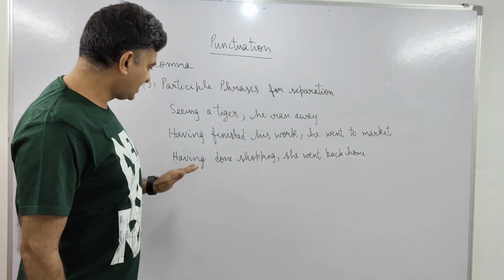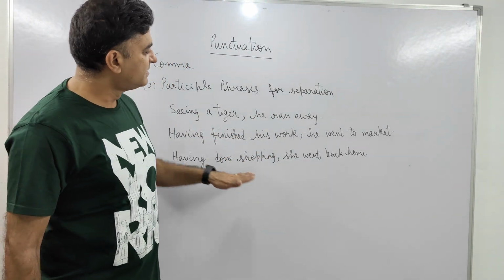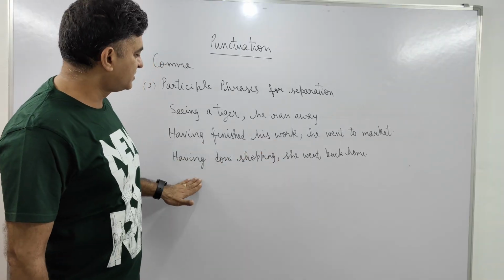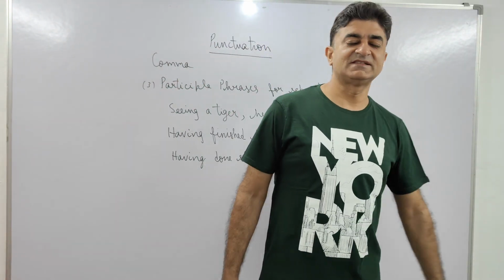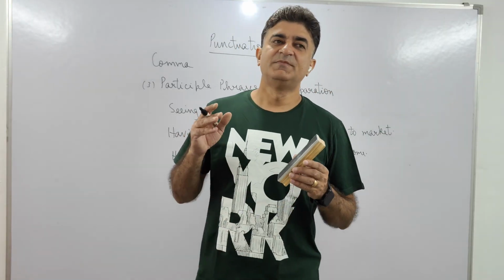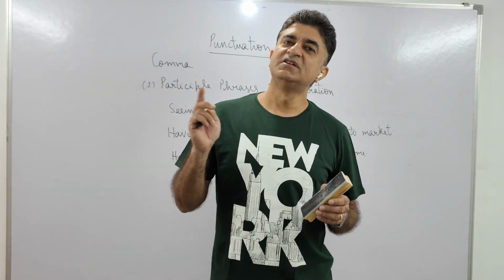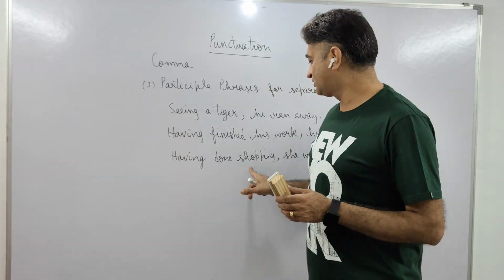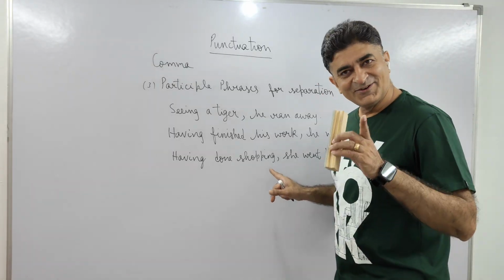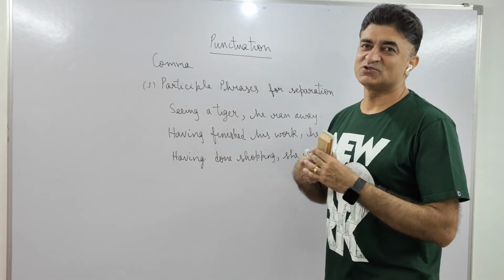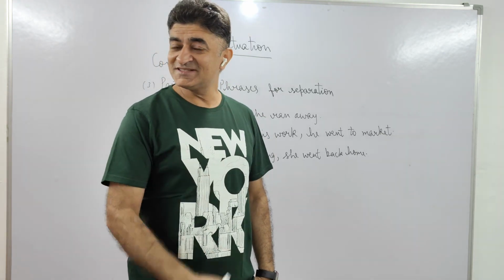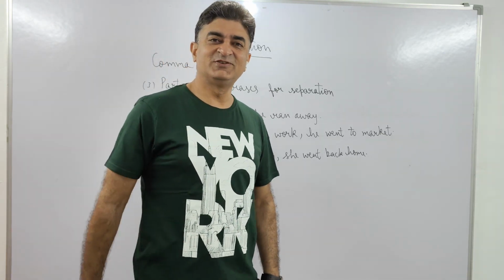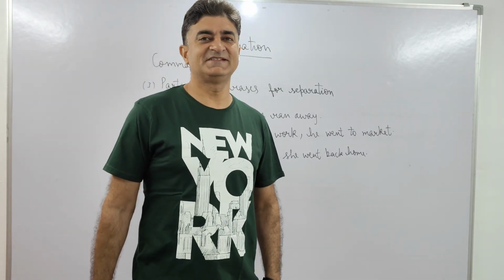So what I want to say is that whenever we are writing a perfect participle and a sentence together, participle के साथ sentence बनाते हैं. Whenever we are making a sentence using participle, then we are supposed to make use of a comma. तब हमें comma लगाने की जरूरत है. I hope you understand. You are good learners, I know that. So you can definitely understand.